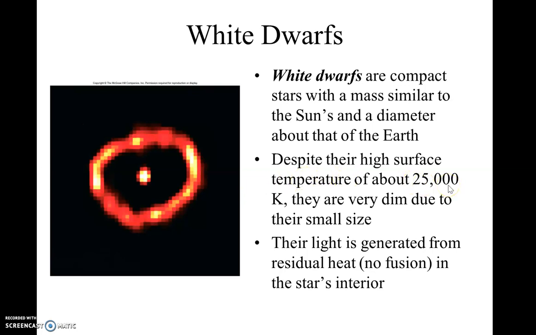Of course, we used Wien's law to figure out the temperature. The temperature of this thing was more than 25,000 Kelvin. Remind you that the surface temperature of our sun is about 6,000 Kelvin. So the only way that you can produce something with this incredible temperature and such a small luminosity is if it's really small, and that's how it gets its name, a white dwarf.